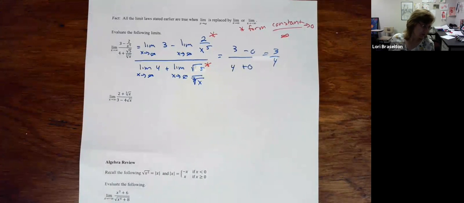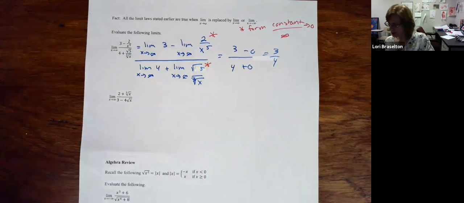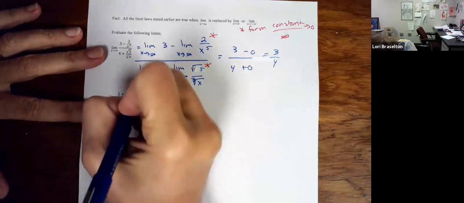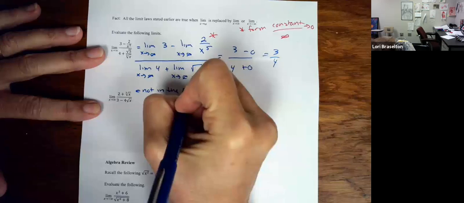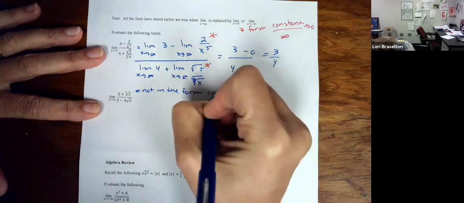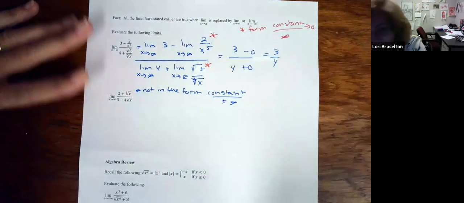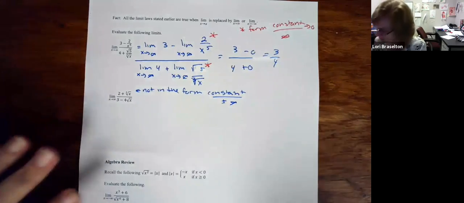Now this next one doesn't involve my new form, constant over infinity. This isn't the correct form. So this guy is not in the form constant over plus or minus infinity. And so I've got to do something to get it in the form.